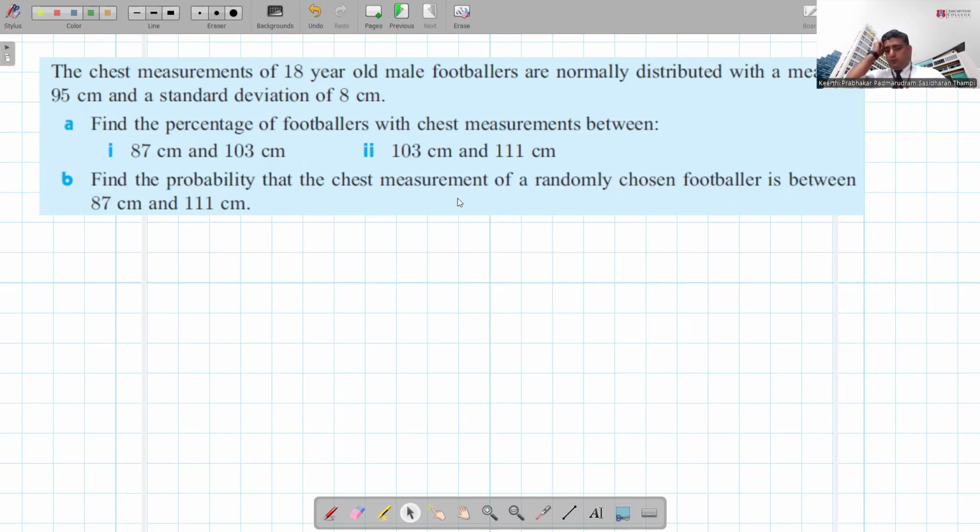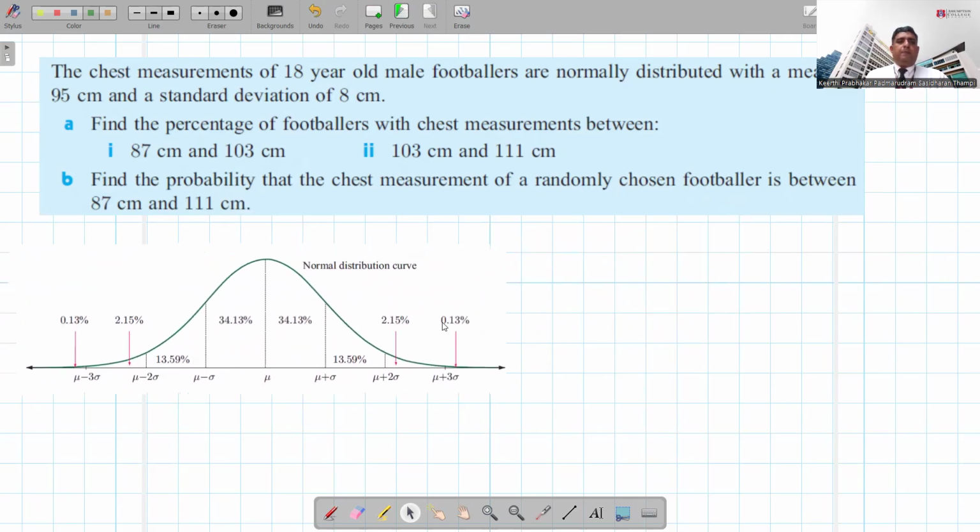All right, guys. So in order to do this question, you will need to refer to the normal distribution table. Here they are telling us that the chest measurements of 18-year-old footballers are normally distributed with a mean of 95 centimeters and a standard deviation of 8 centimeters.